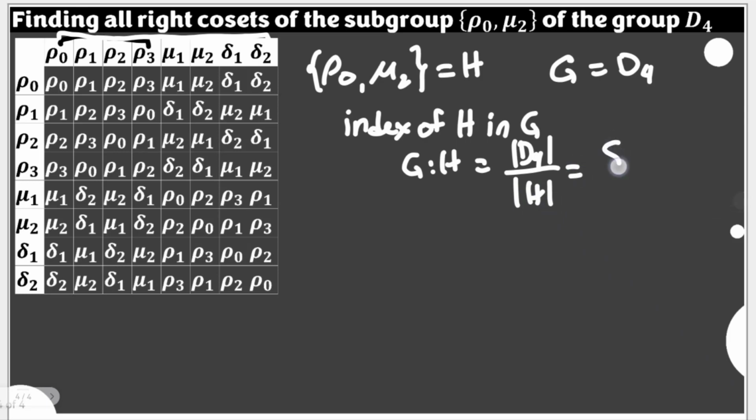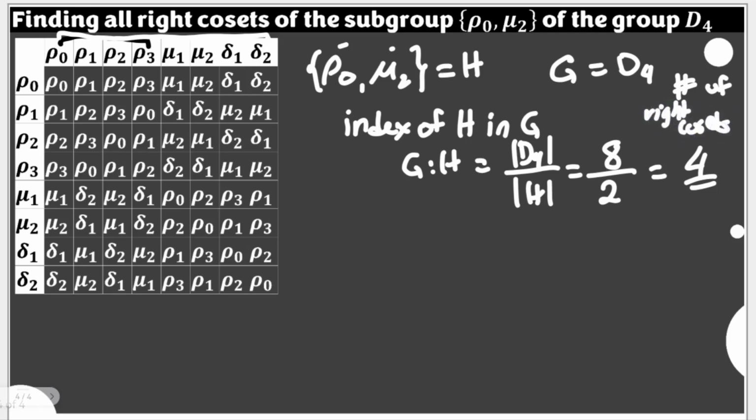There are 8 elements in D sub 4, and there are 2 elements in our H, that's rho sub 0 and mu sub 2. So again, we're expecting 4 cosets. This is the same number of cosets that we determined in the previous video, and this is also the same number of right cosets.